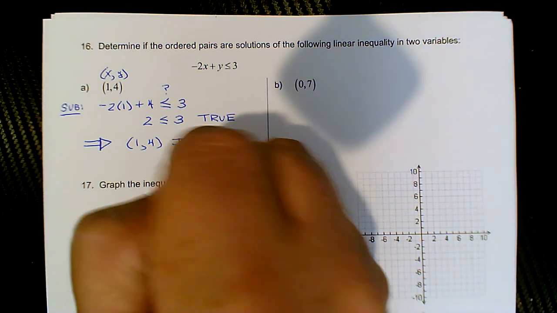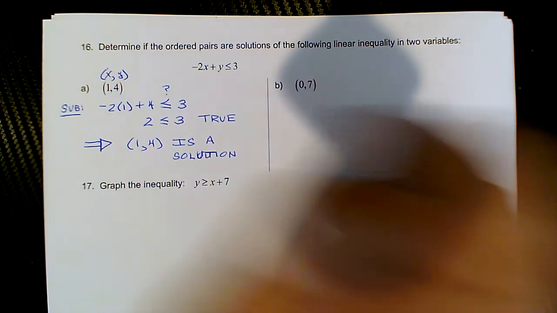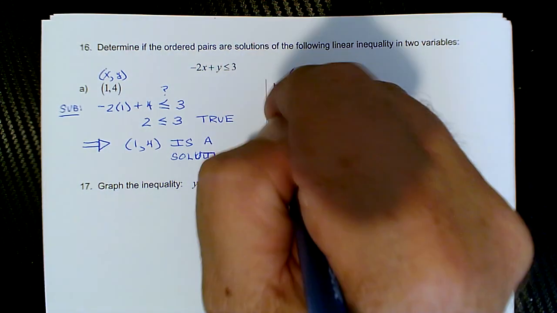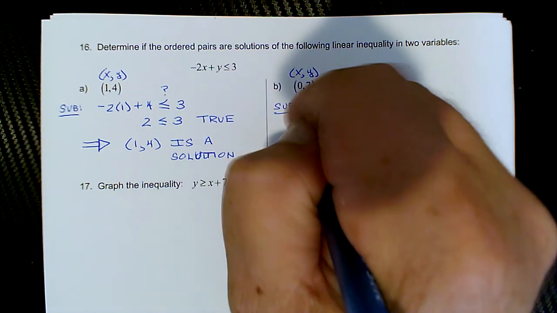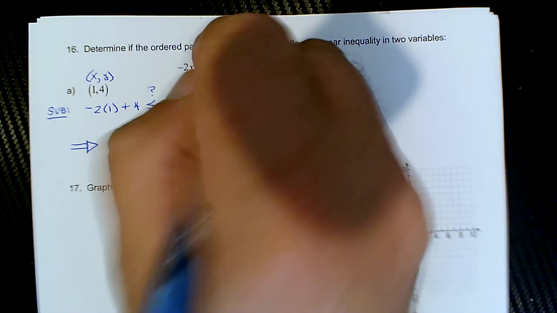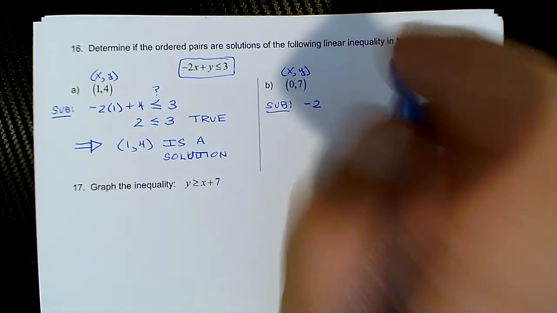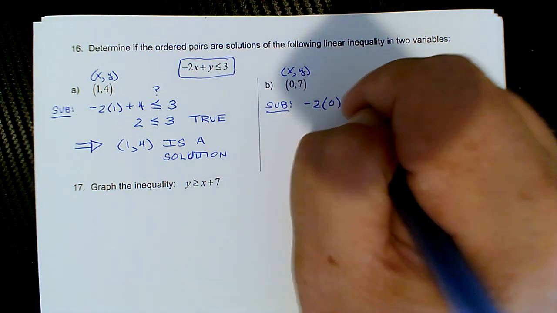I'm just going to use a table of ordered pairs, x and y. I'm going to choose x to be 0, and when x is 0, it's obvious y is 0 plus 7, or 7. So (0, 7) is a point on the boundary line.